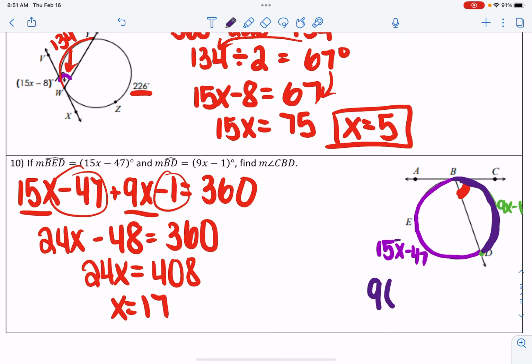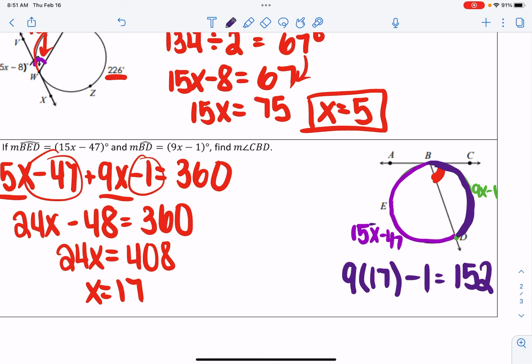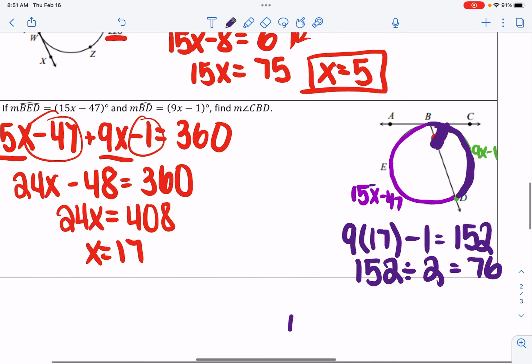Well, that's just going to be by plugging in x, which is going to be 152. Okay? So then finally, if the arc is 152, that angle is going to be half. So I'm going to just take 152 and divide it by 2, and you're going to get 76. And since that's the angle I'm trying to find, then that's my final answer.